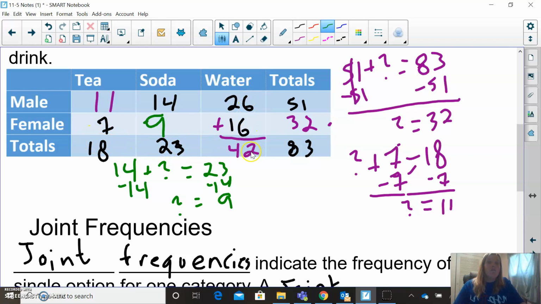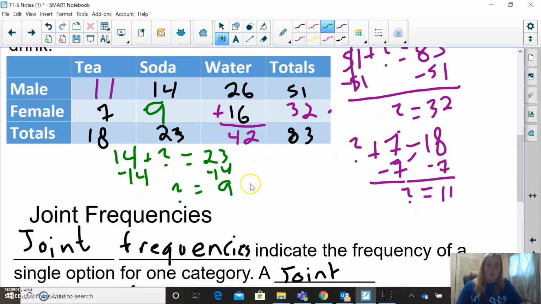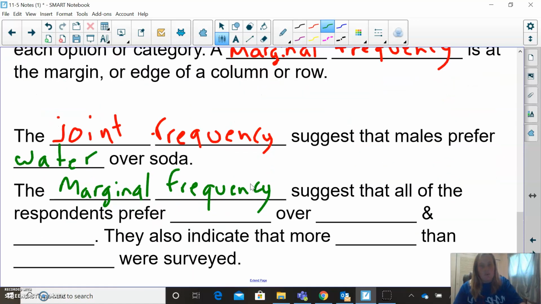Which one had the most? Water had the most. So all of my students, all of Miss Holman and I's students, prefer water over soda and tea.